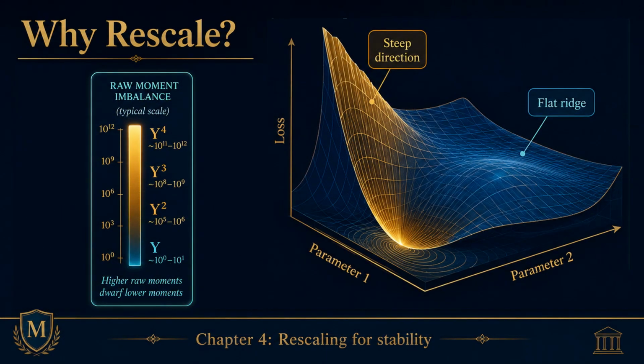Just to make this a little more concrete, again reiterating what the problem is: we have parameters that are operating on wildly different scales. Notice that y to the fourth can be many orders of magnitude larger than y to the 1 or y to the 2.